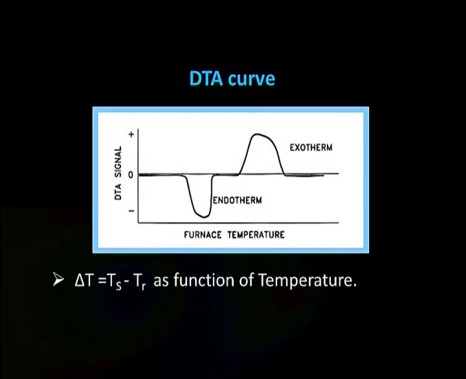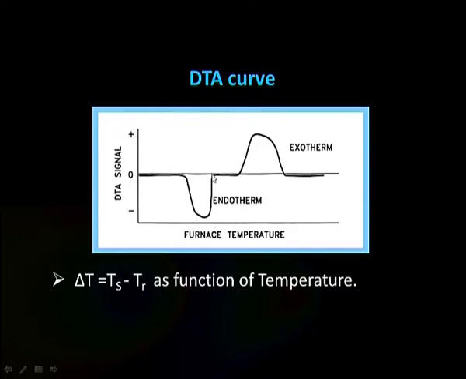Let us now look at a DTA curve. Here delta T is equal to Ts minus Tr, where Ts is the temperature of sample and Tr is the temperature of reference. Here you can see that the curve is almost horizontal, constant. The DTA signal is showing 0 value, and in the case of endothermic change, we see a lower dip in the curve.